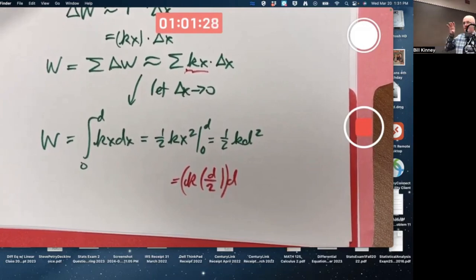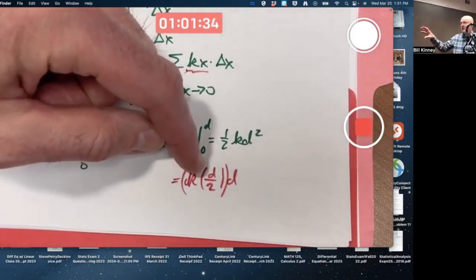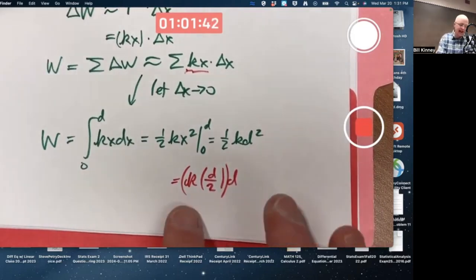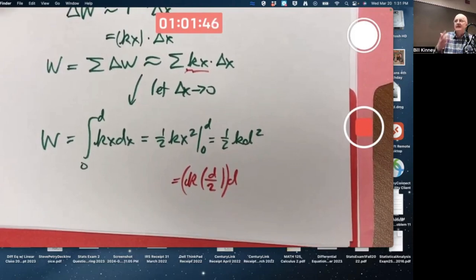The force to hold it at position D is K times D. K times D over 2 is the force to hold it halfway between 0 and D, the average force. So this is saying you can figure out the entire work done by taking the average force times the distance. In this situation, at least. It may not be so clear what to do in more complicated situations.